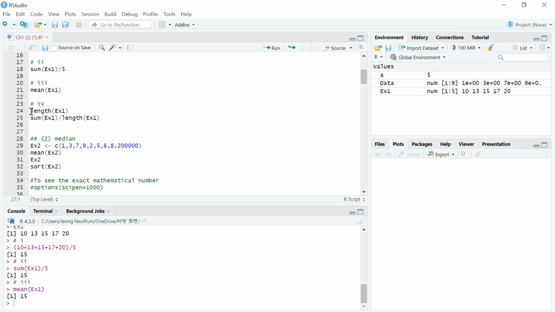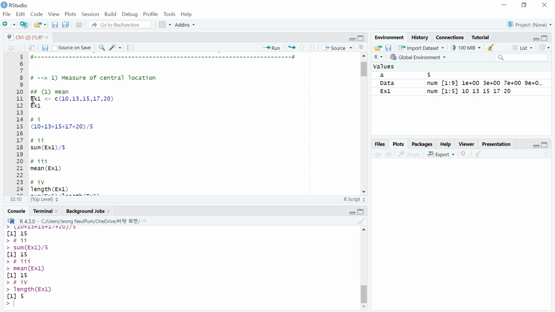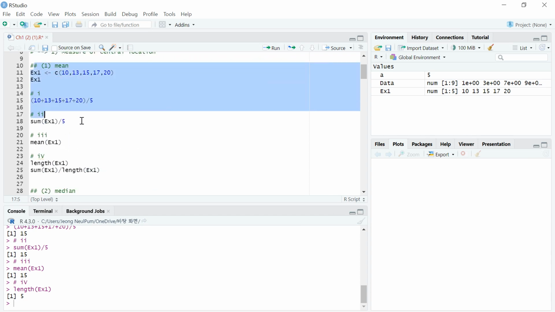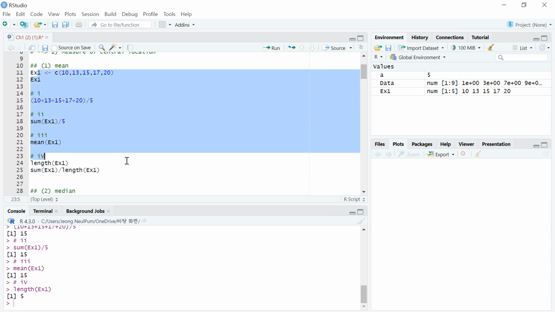As you already know, the length function gives us the number of the sample. So you can see that the result of the length function is 5 because we have 5 values in variable ex1. So this is how we get the mean value in R programming, and you can see that there are a lot of ways to get the mean value.